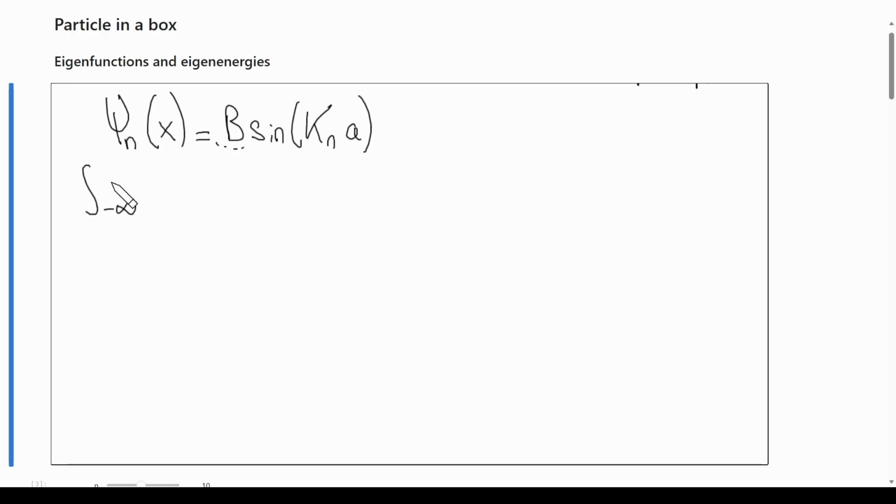So we know that psi, which now we also put this label n to label the families of solution, is equal to B times sine of kappa n x. And we are looking for this B term here.